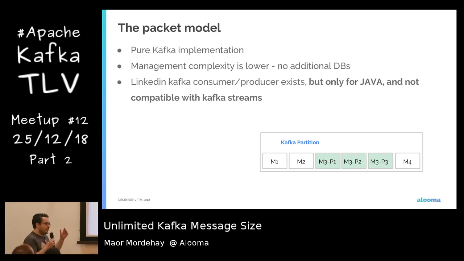We're going to dig a little deeper into the first option first. Using the packet model, it seems very simple on the surface. You have a large message, split it up, transmit all the chunks through Kafka and read them on the other end. You even have the LinkedIn wrapper for the Kafka client, which already does this built in.